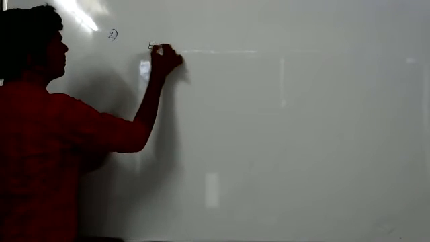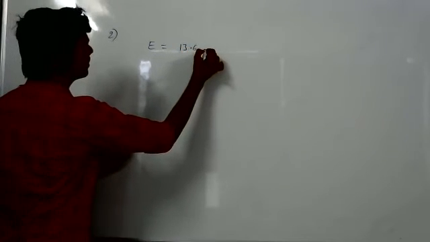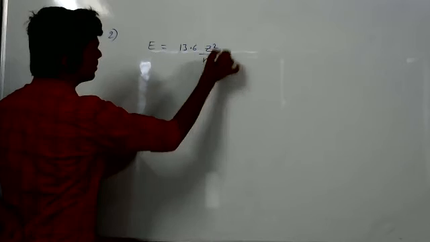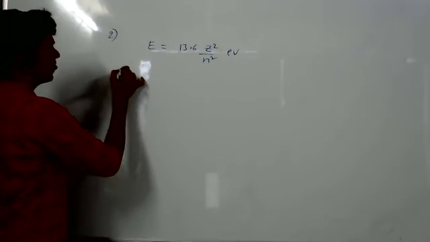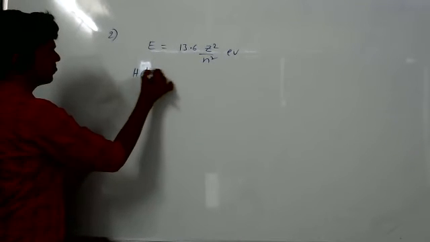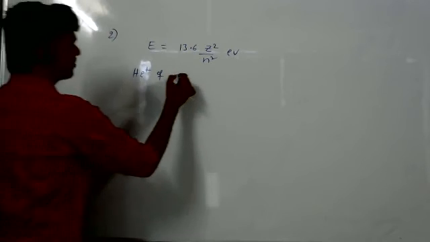Energy formula: E is equal to 13.6 Z square by n square electron volt. Now apply for helium plus, second and fourth energy level.